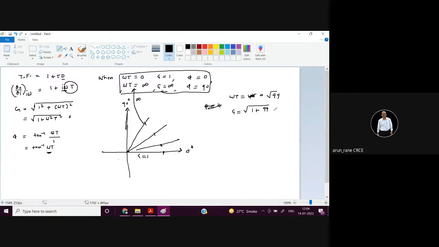So 1 plus 99, so that will be 100. Okay. So when omega t is equal to square root of 99, that is somewhere closer to 10, in that case my G is equal to how much? 10. My G is equal to 10.